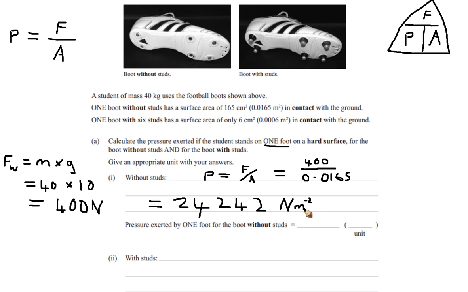So here it's newtons per meter squared, a capital N, a little m, and a -2. Or we can use the unit pascals, which is the unit for pressure. So remember P. You could use either of these, they're totally correct and would be accepted as a correct answer.